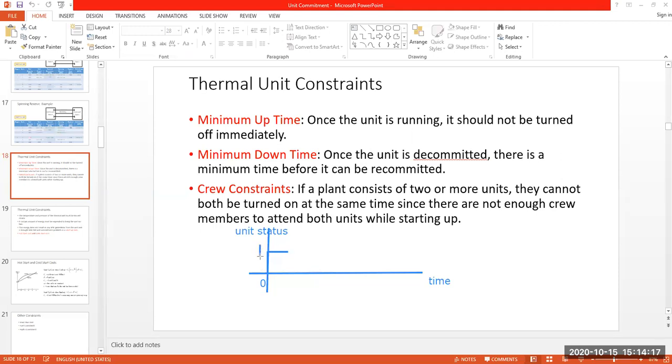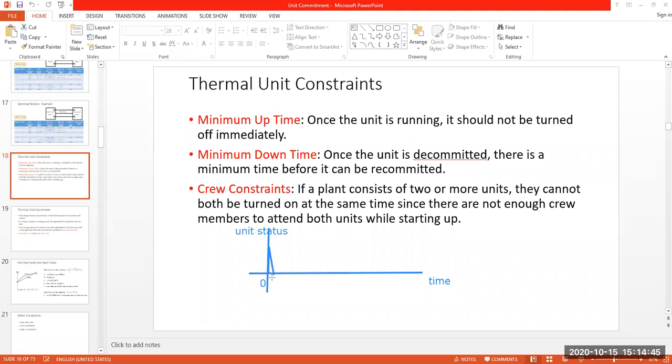Unit is on. What minimum uptime says is that if, within a very short time, your load decreases, you cannot turn this off within a very short time. What I mean is this: let's say you just turned it on because load increased, then you suddenly saw load decreased.